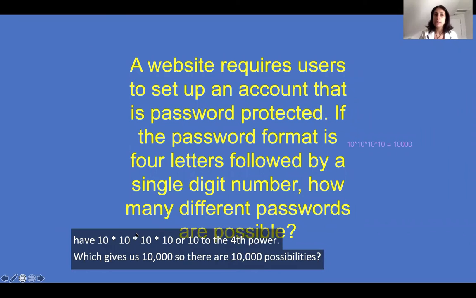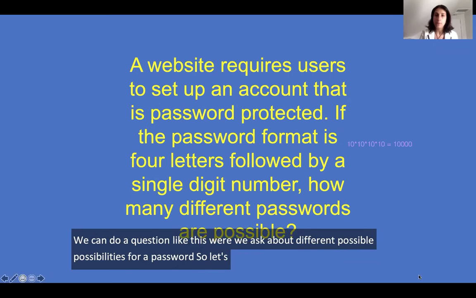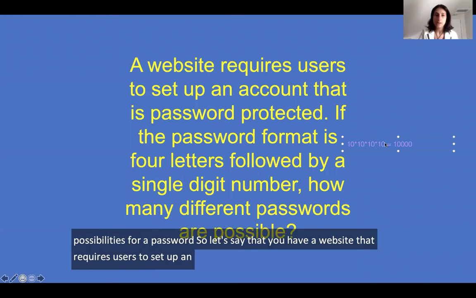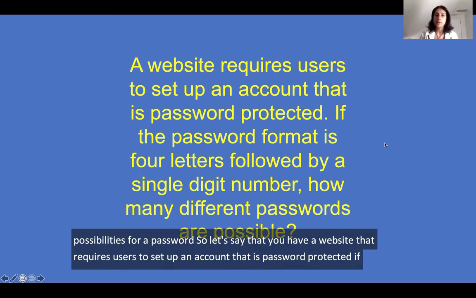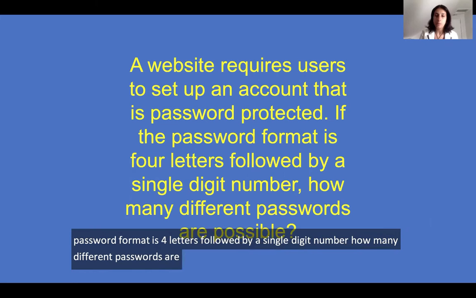We can do a question like this where we ask about different possibilities for a password. So let's say that you have a website that requires users to set up an account that is password protected. If the password format is 4 letters followed by a single-digit number, how many different passwords are possible? So let's use a similar approach.